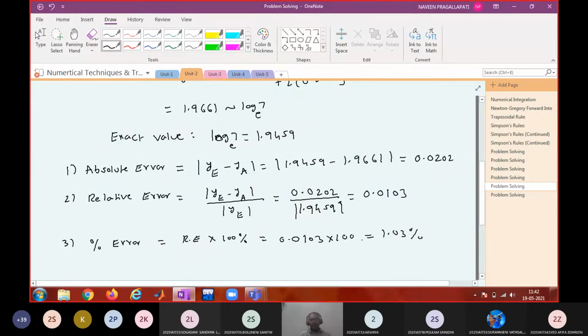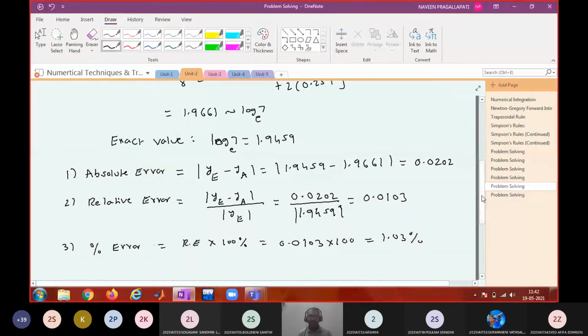So there is an error of 1.03% when you apply Simpson's 3/8 rule. Similarly, you can find these three for Simpson's 1/3 rule also. Later you find out those three for the 1/3 rule also.